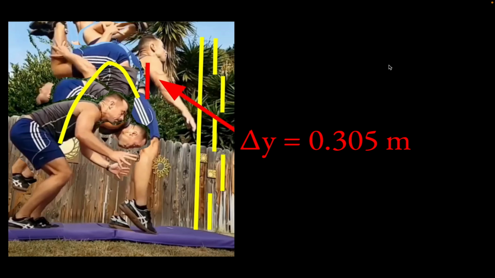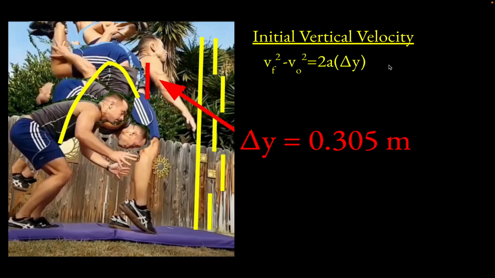During the flight, I'm just simply undergoing constant acceleration due to the force of gravity that acts on me while I'm a projectile. And so what we can do, only while I'm in the air, is solve a kinematics problem to learn what my initial vertical velocity was. We'll use this kinematic expression, which again is valid for constant acceleration.